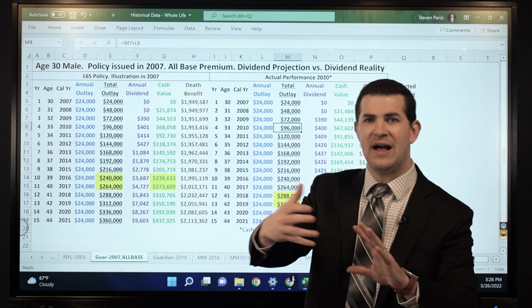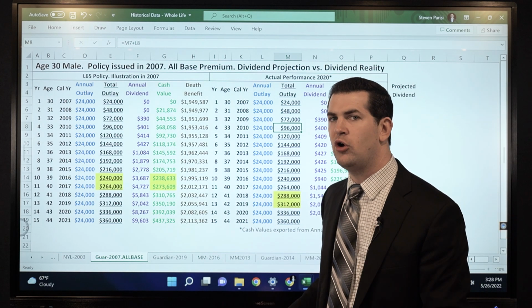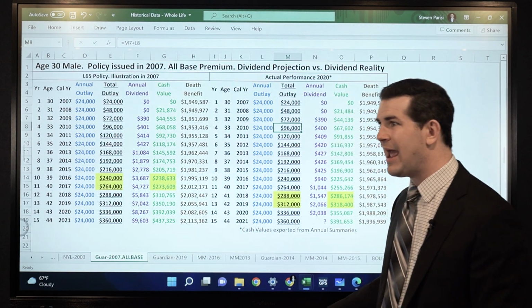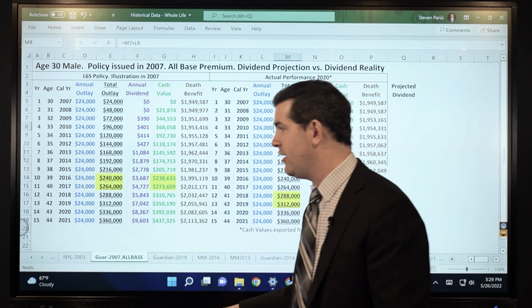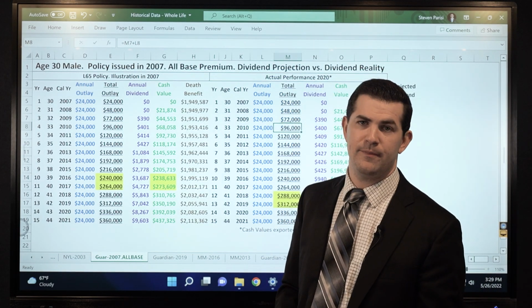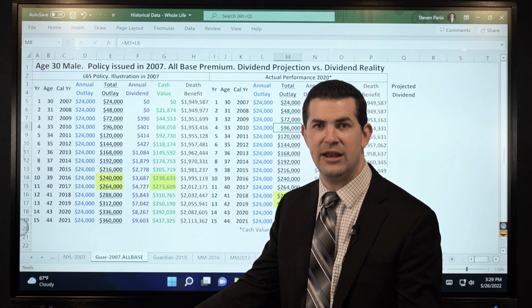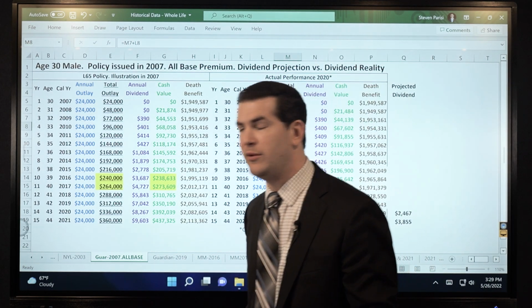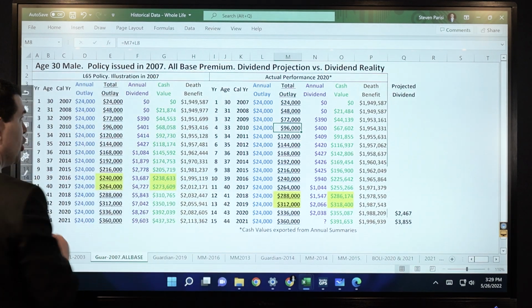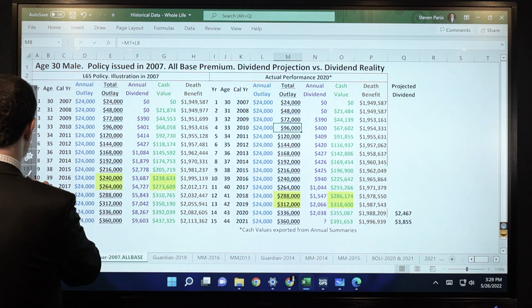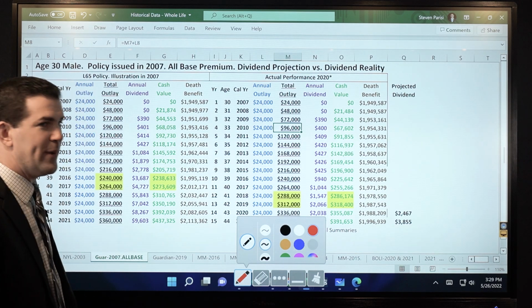If I'm relying on that to really drive my long-term performance, will it actually happen? And I've never seen it happen with any policies we've put in force. Now, I've only been in the business a little over 10 years, or older policies that we've requested. I've never seen it. I've heard it a million times, particularly from those that state you make more commission with a higher base premium.